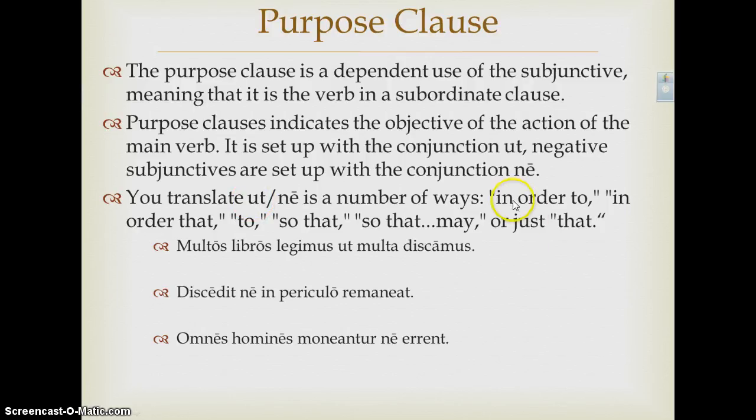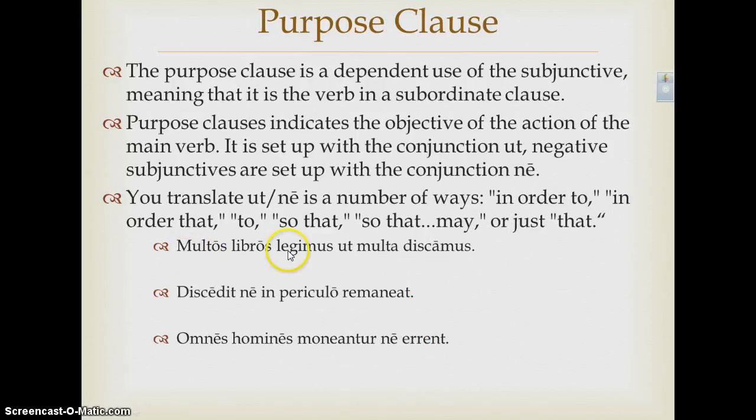You can translate it in order to, in order that, to, so that someone may, or just that. And when you have ne, it's in order to not, in order that something not happen, to not whatever, so that something may not, so on and so forth. So let's look at a couple examples, okay?